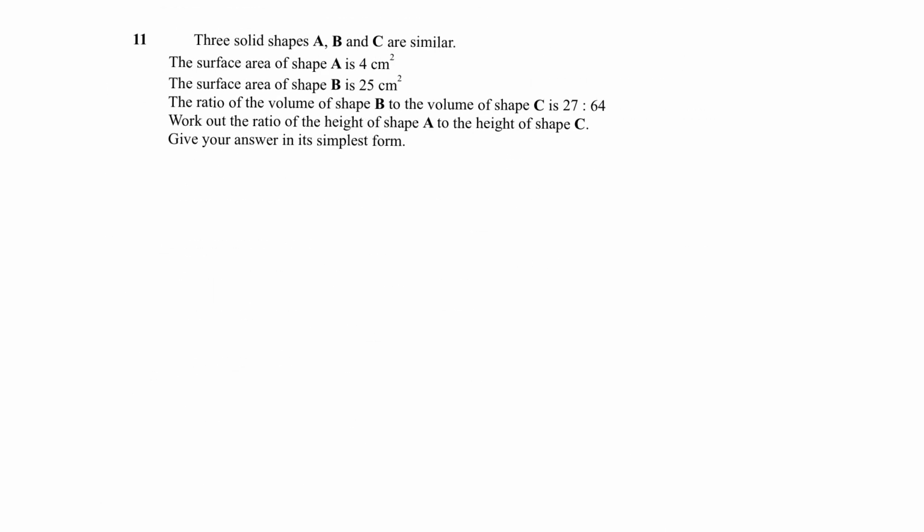Okay, so moving on to question 11, it says that there are 3 solid shapes, A, B, and C, and they are similar. So it says the surface area for shape A is 4 centimeters squared, and the surface area for shape B is 25 centimeters squared. So it just says 3 solid shapes, doesn't it? It doesn't really give us an indication.